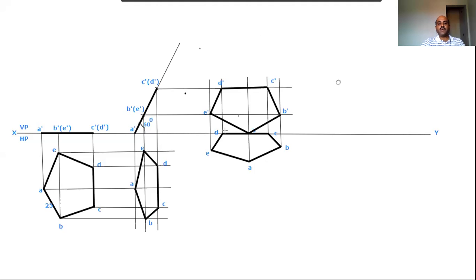This is the final position of the pentagonal lamina satisfying all the conditions here, resting on the corner. So A dash should be on the XY line.